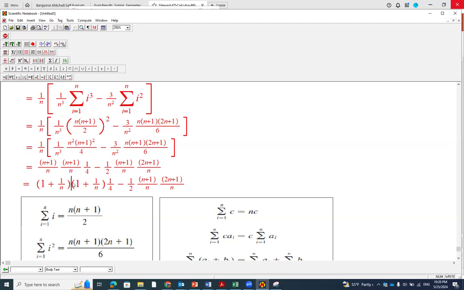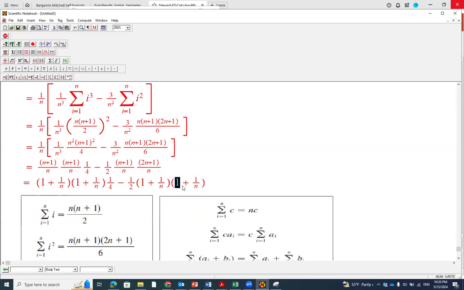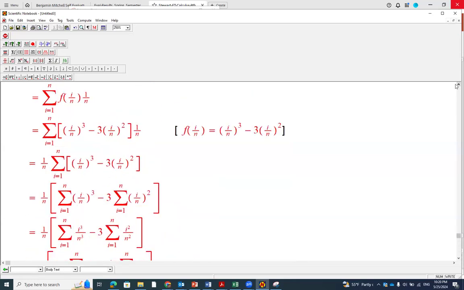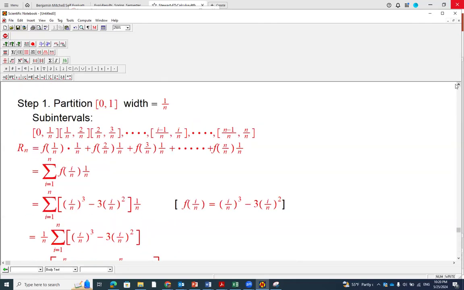And this piece is going to be the same. And that piece is almost the same, it's 2 plus 1 over n. Of course you can do factorings or whatever, but this is good enough. So now let's take limits.